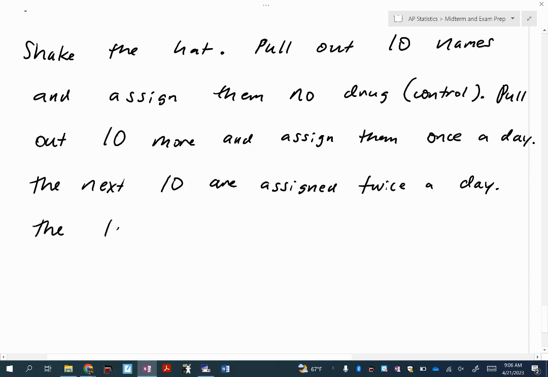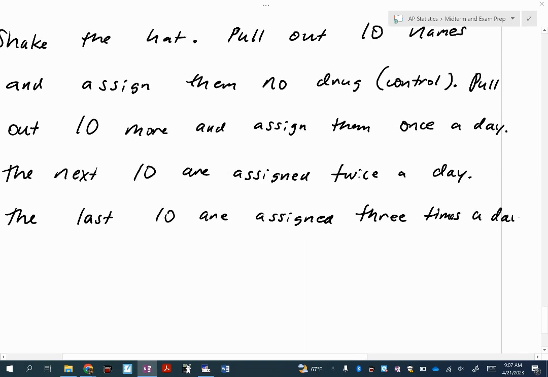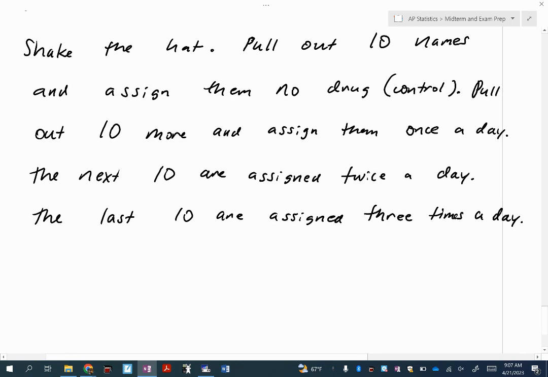The last 10 are assigned 3 times a day. Repeat this process with the 40 women.